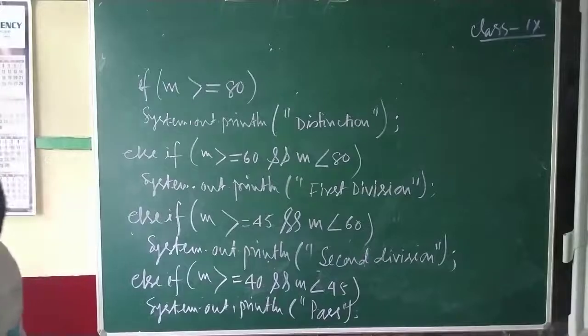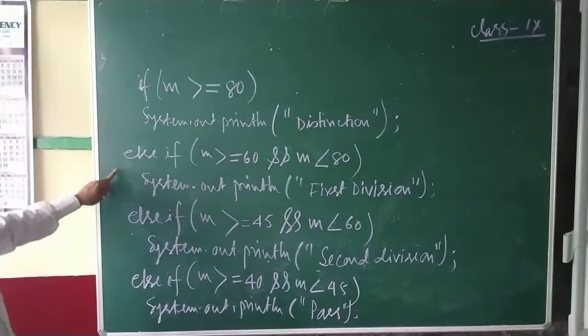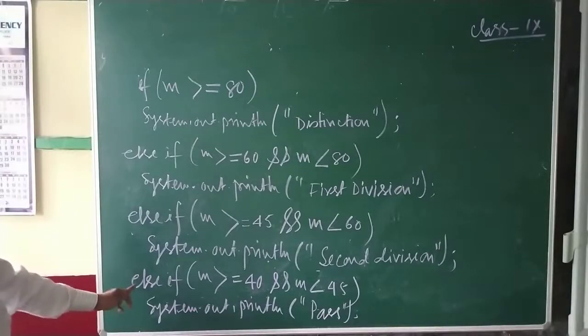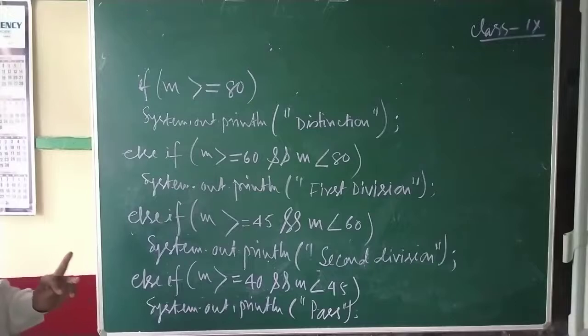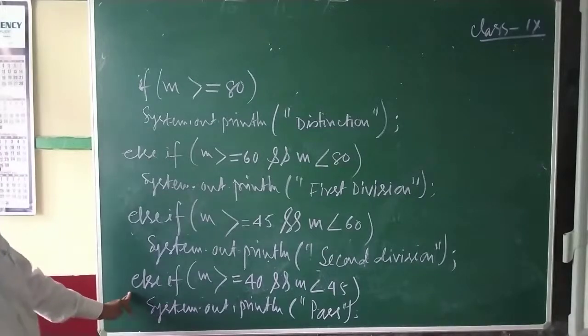Now pass, and then less than 40% is fail, promotion not granted. You see here, first if, else if. Now you have to go for the else. You cannot give any more else if, because we have reached the last condition. The last condition is less than 40. If it is there, then it is a fail. So we cannot write any more else if.